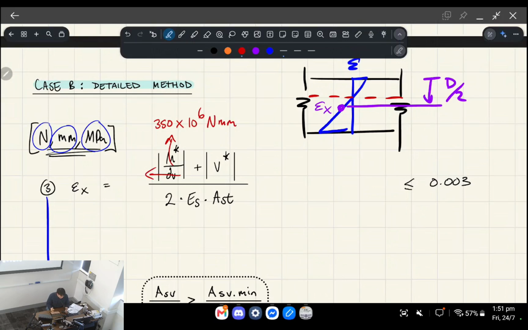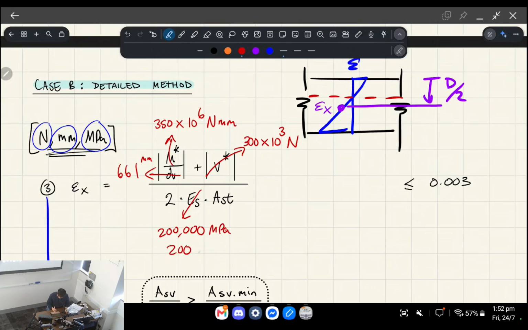dV was given to us, it's 661, and that's already in millimeters. For shear, we have 300 kilonewtons, so we multiply that by 10 to the 3 to get newtons. ES is the elastic modulus of the steel, which they gave us in GPa.